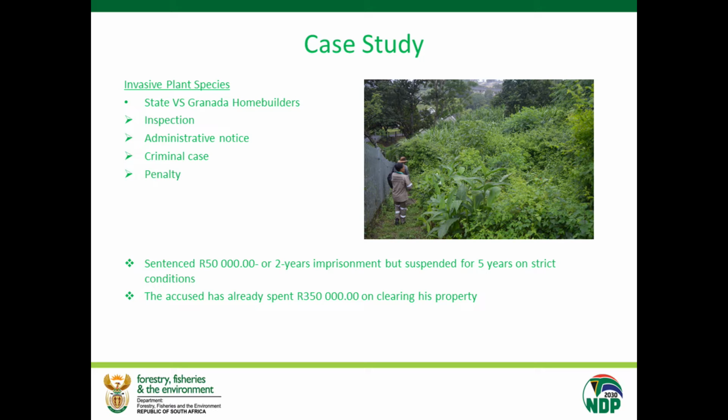The problem is he started to clear while the case was still in court. That's where the court was lenient to him, because he spent 350,000 on clearing. He was sentenced to 50,000 or 2 years in prison, which was suspended for 5 years because of that 350,000.